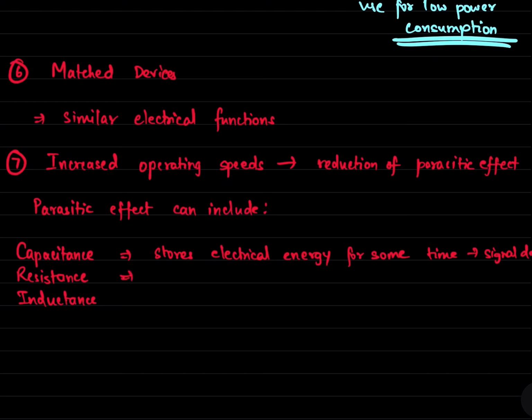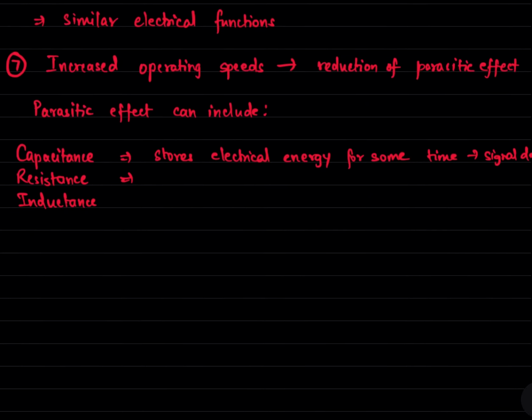So parasitic resistance between the metal joints and the semiconductor layers can exist. This parasitic resistance causes undesirable voltage drops and power dissipation, affecting the overall efficiency of the circuit. The output is affected. So, undesirable voltage drops.